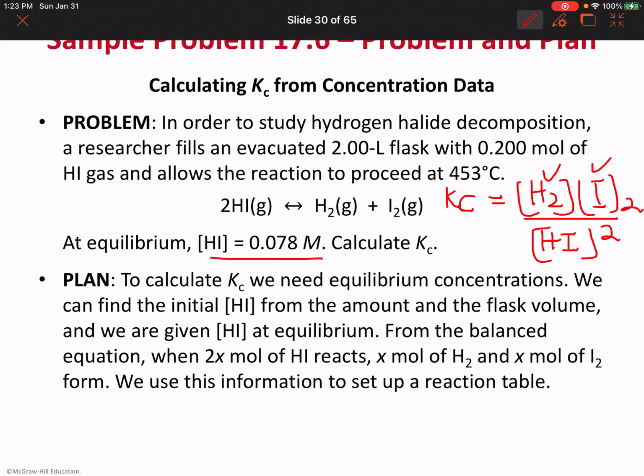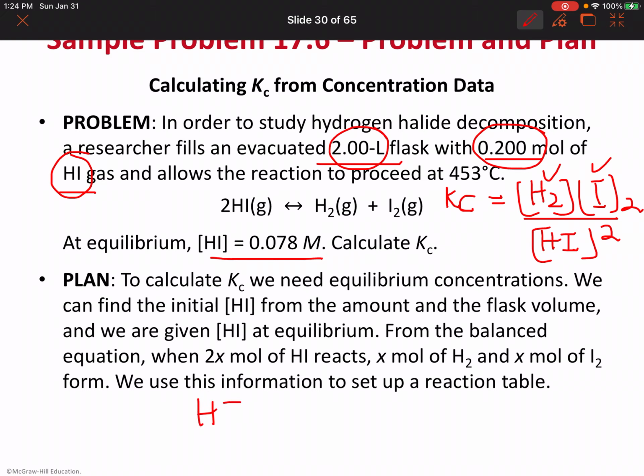It says an evacuated 2-liter flask with 0.2 moles of hydrogen iodide gas. From this, we can find the initial amount of hydrogen iodide. It needs to be in concentration terms, so how do you find the concentration? You are given the volume and the number of moles.